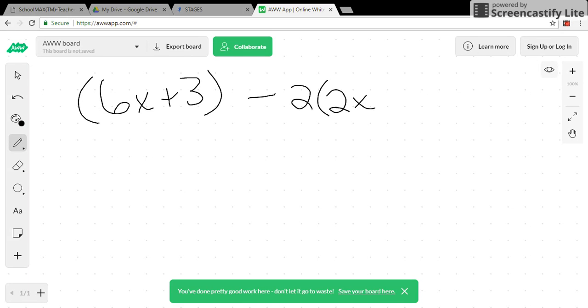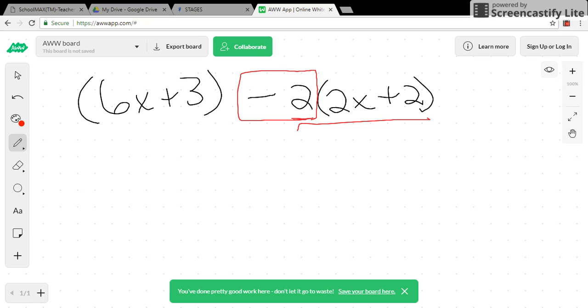We're going to start a little bit simpler, where we have a number that is outside of that one set of parentheses. But what you have to understand is that there is a sign in front of that number and that we are taking away, or that entire second section is being taken away.